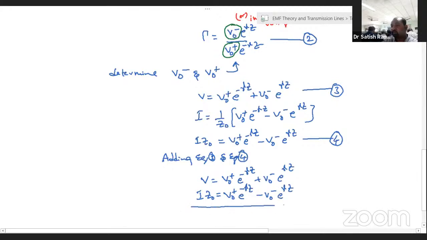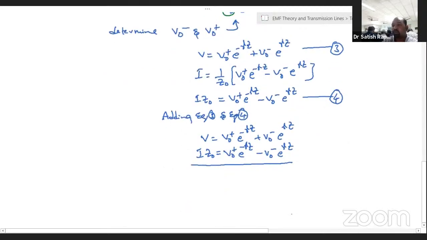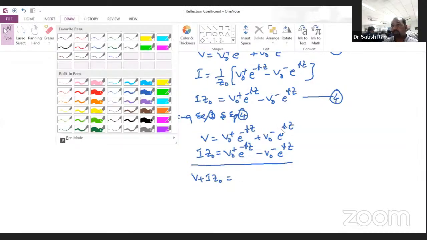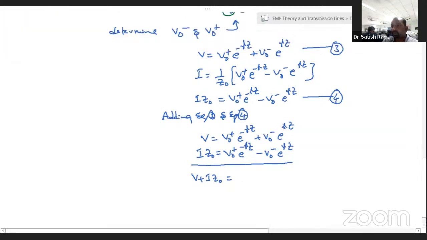Adding these two, the second terms will get cancelled, and we will get 2 V naught plus e power minus gamma z.